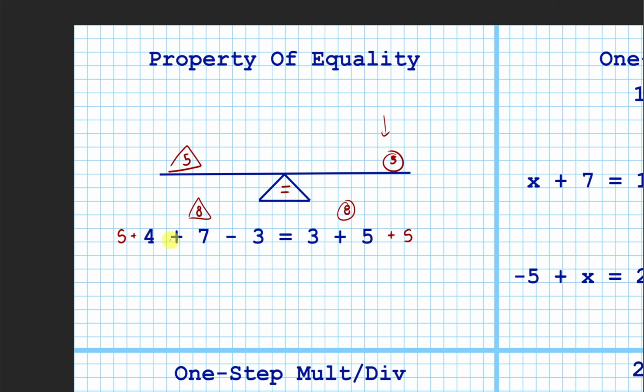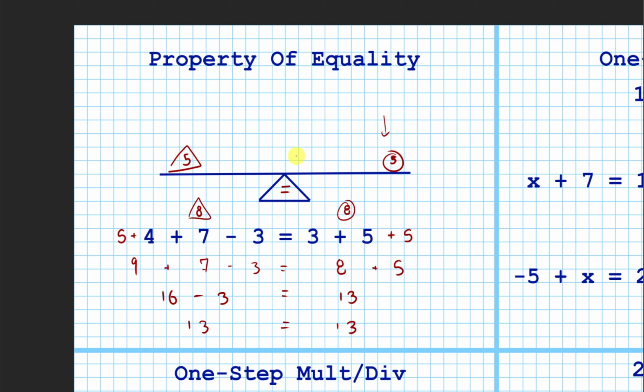And you'll see, if I add 5 pounds to both sides, let's see what happens. 9 plus 7 minus 3 equals 8 plus 5. Okay, let's see if that's true. 9 plus 7 is 16, minus 3. Does that equal 13? 8 plus 5? Yes, it does. 13 equals 13.